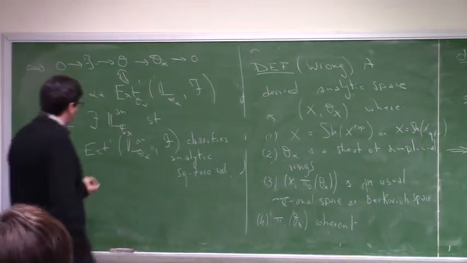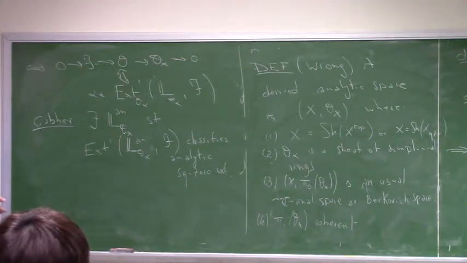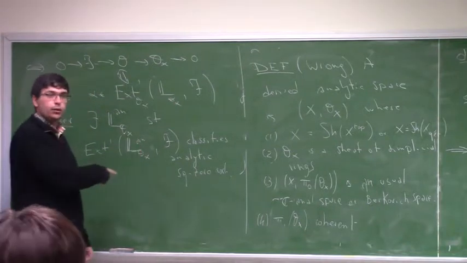So what we want to do is to find a suitable derived framework where the natural cotangent complex is the analytic cotangent complex.